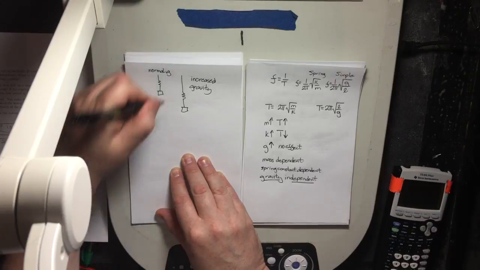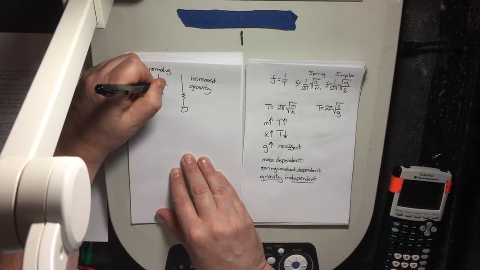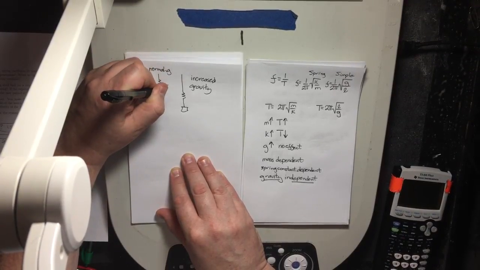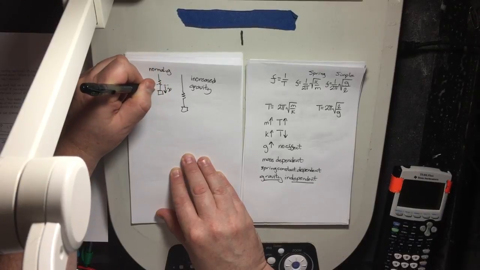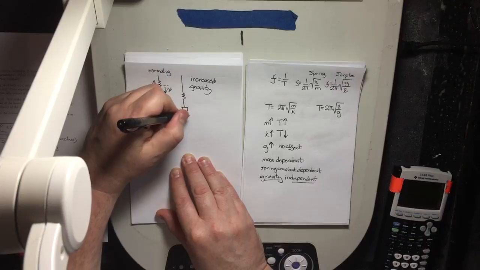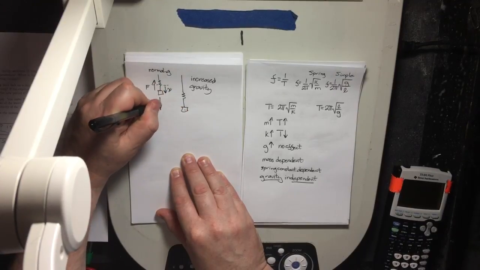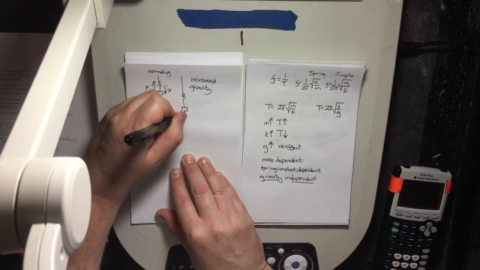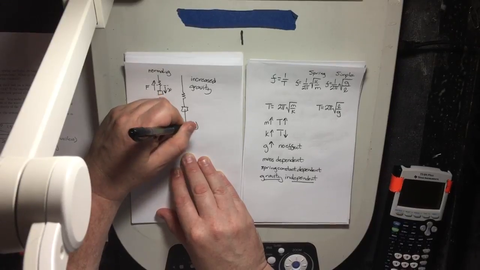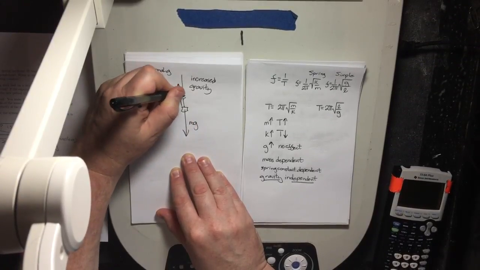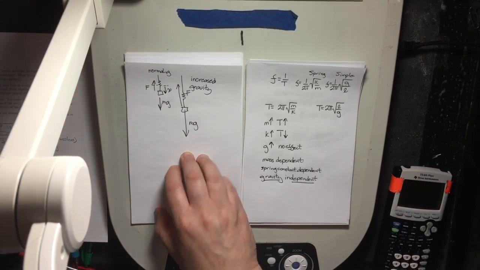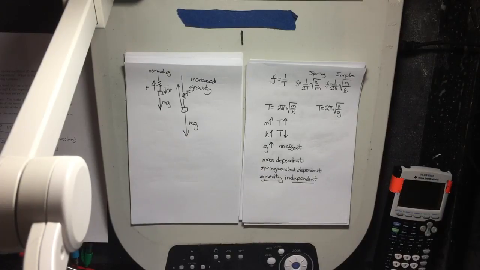With normal g, that thing stretches a little bit, so its displacement is this way and its force is this way. With an increased gravity, the spring force increases as well.